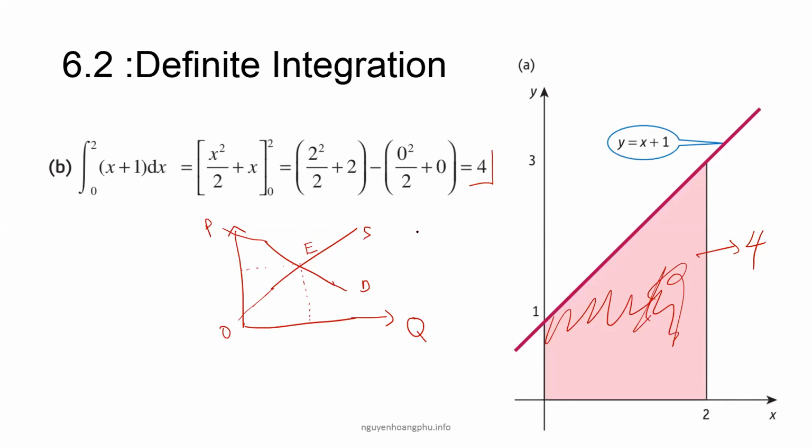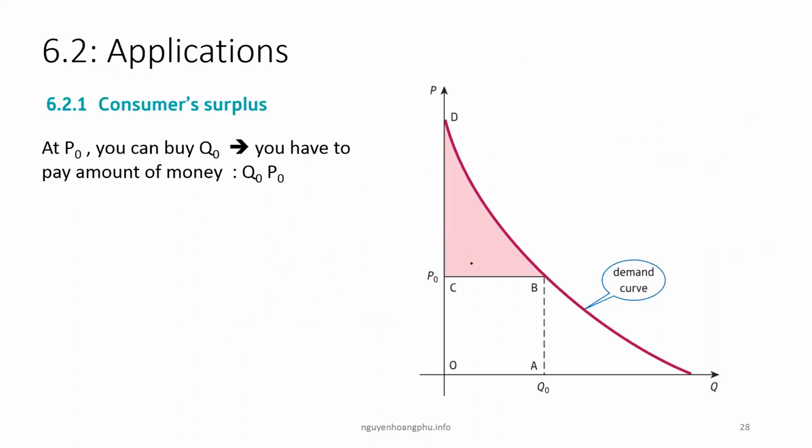So we are going to find consumer surplus and supplier surplus. Here, so we have the demand curve in this way.